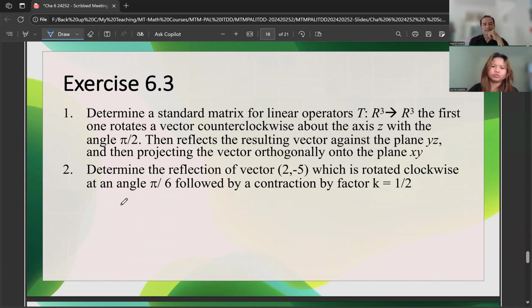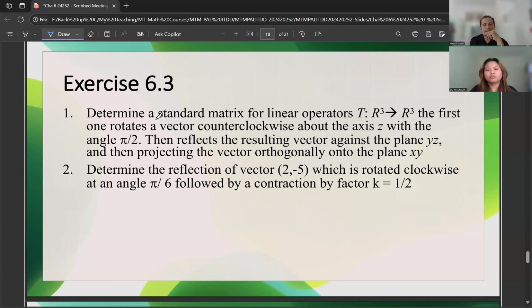Of course, we must first know the standard matrix of the operators in the problem. After that, we must know the order of the operators. Jadi urutannya harus tahu apa dulu yang dilakukan dan diikuti oleh yang lainnya. So we must know the order ya. Okay, we need to read carefully.